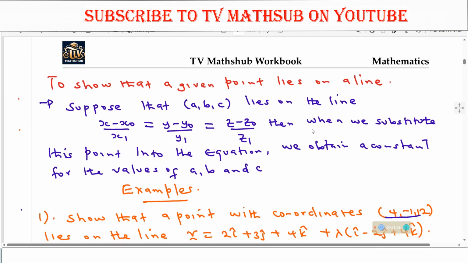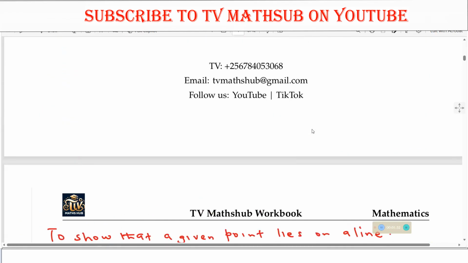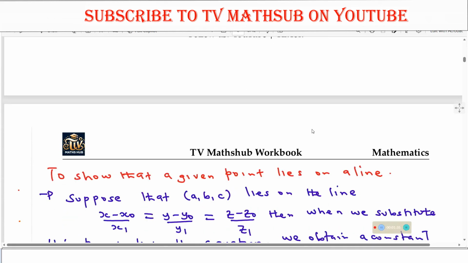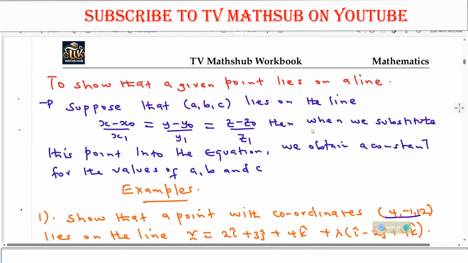So far, in lessons 1, 2, and 3, we have moved step by step from the introduction to vectors in 3 dimensions, equations of lines, collinearity of points, and we have also looked at several standard applications on lines. In our previous lesson, we talked about how to show that a given point lies on a line.